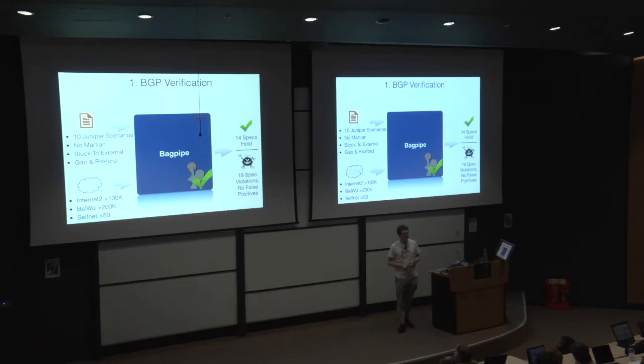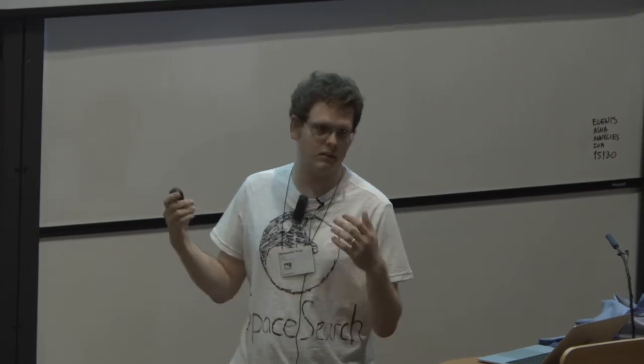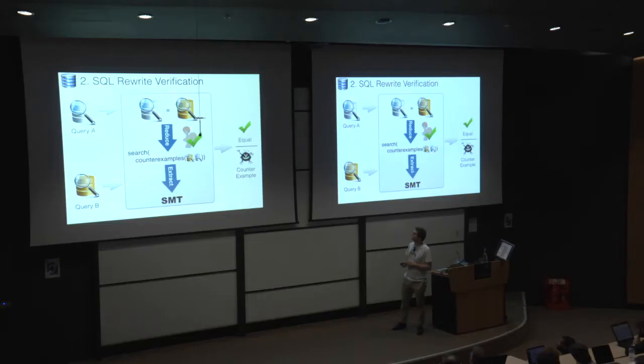And we can then verify real specifications that we've taken from the literature and Juniper manuals and how to configure your routers correctly and so on. We were able to verify 14 of these specs, and we were finding actual errors in these BGP configurations, and our tool didn't have any false positives.